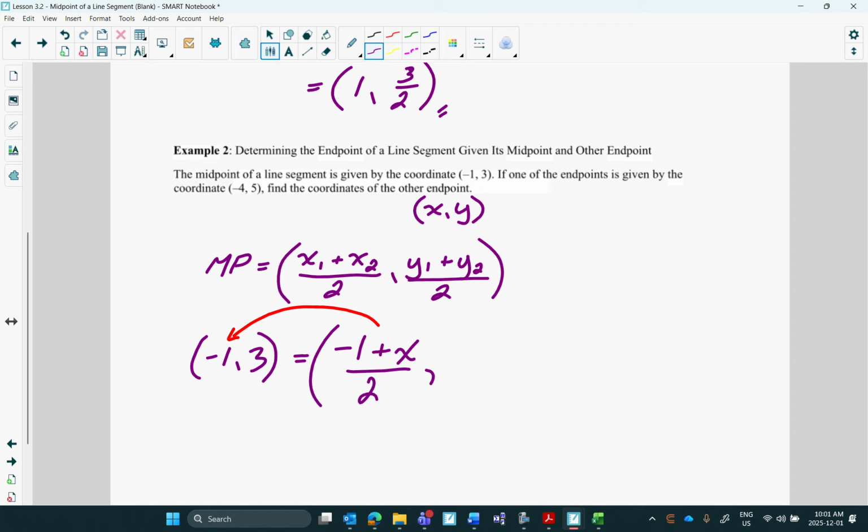For the y's, I know one of the y's, 3. I don't know the other y on the end, so I just go 3 plus y divided by 2. Well, I know that has to work out to this number. So I need to figure out -1 plus what number divided by 2 gives me -1, and 3 plus what number divided by 2 gives me 3.